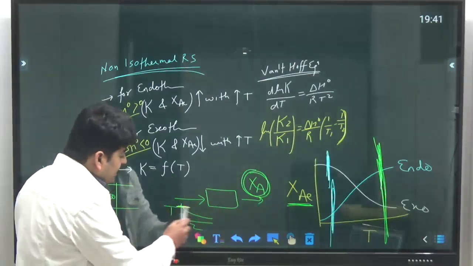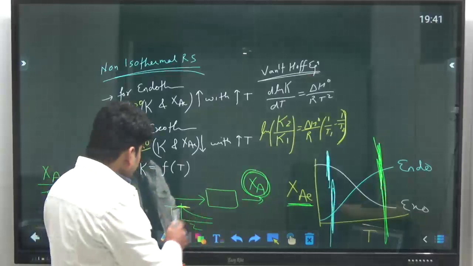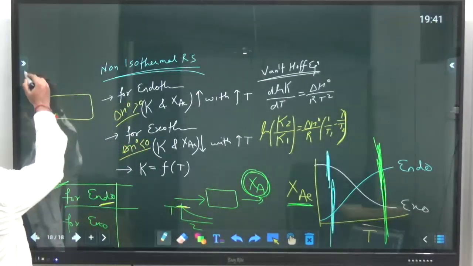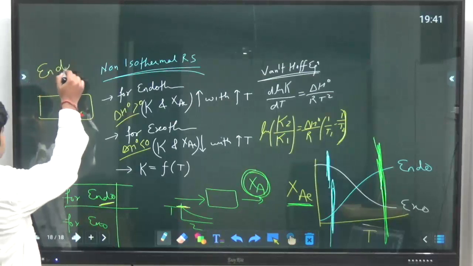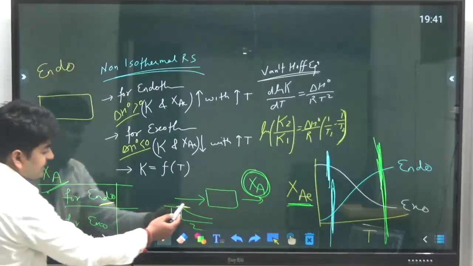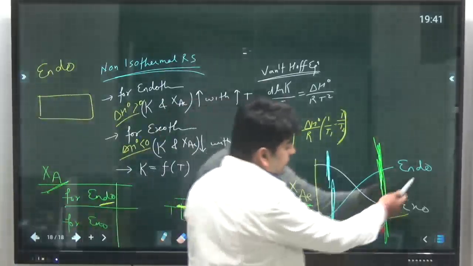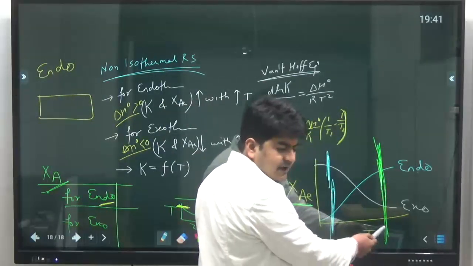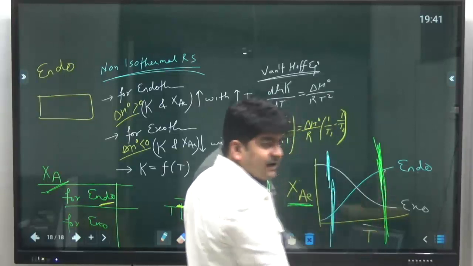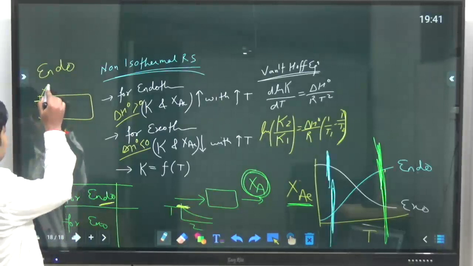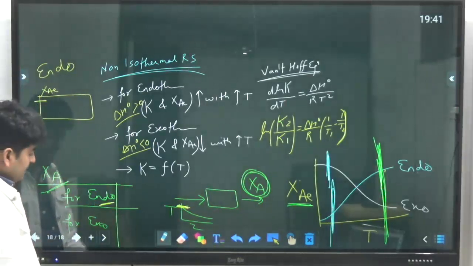So, for endothermic reaction, we know that if temperature is high, conversion will be high as well. So conversion will be high, XAE will be high.